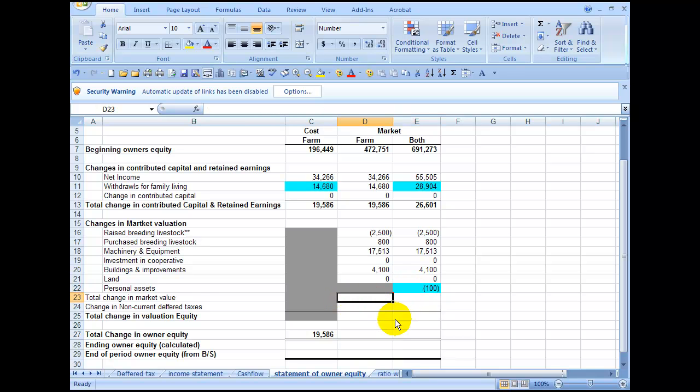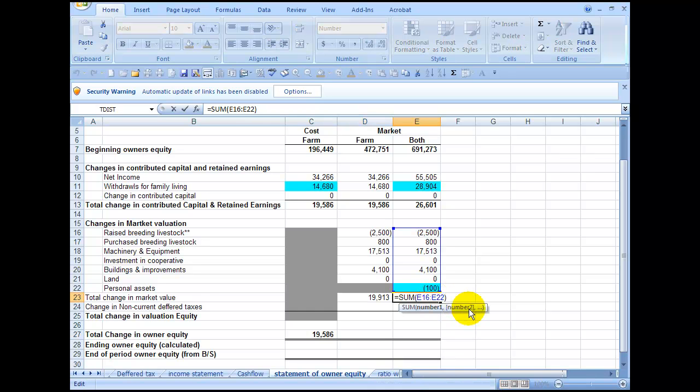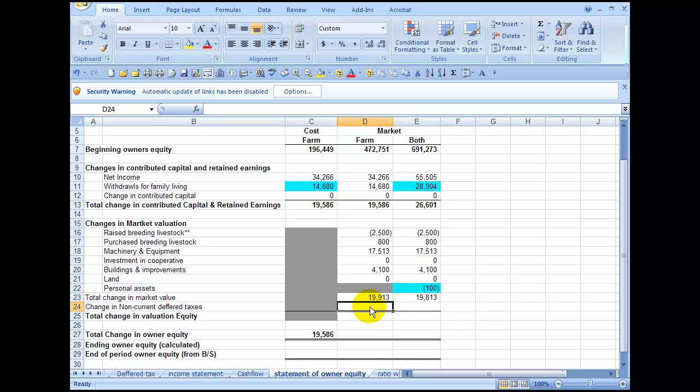So now our total change in market valuation is just the sum of those. And you want to make sure here that you've included this $100. And so these are $100 different. Now, because our market value has gone up, if we actually sold assets at that value, we'd have to pay taxes, and so we want to also account for how our taxes have changed.